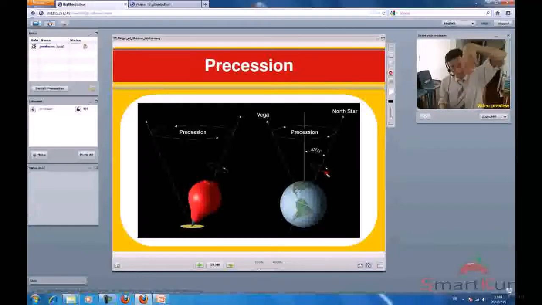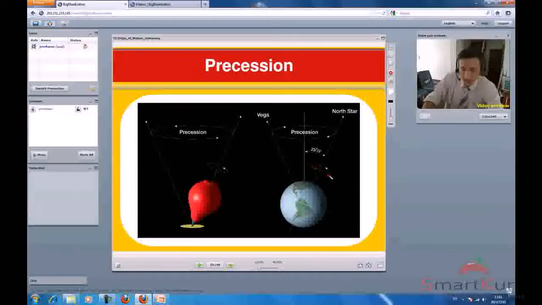The third type is called precession. And there's a good illustration of this on slide 29. We're going to talk a little bit more in detail about it, but I want you to take a look right now, just so you know what we're talking about.